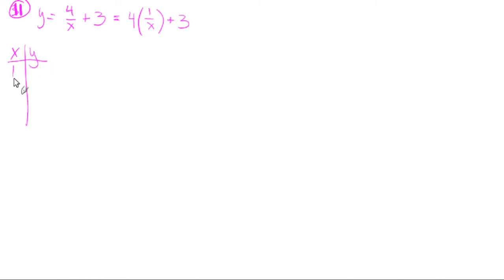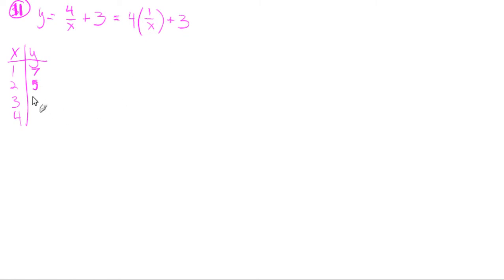So let's go 1 to 4. We get 1 in here. We get 1 over 1, that's 1 times 4, that's 4. Then we're going to add 3 to that, and that's going to be 7. And then we're going to put 2 in here. You get 4 times 1/2, that's 2. Plus 3, that's 5. And then we're going to put a 3 in there. 4 times 1/3 is 4/3.